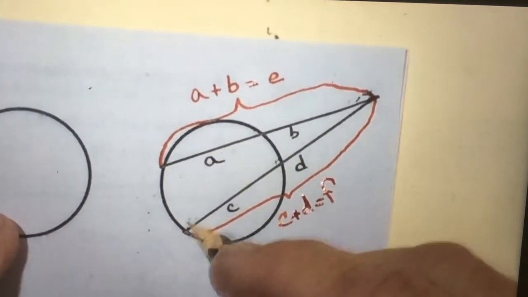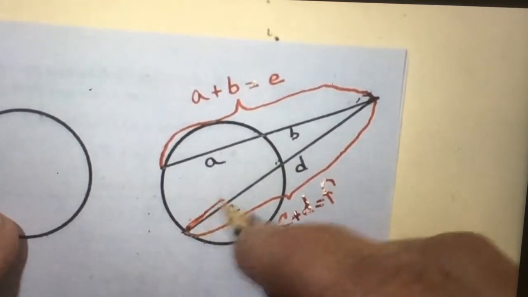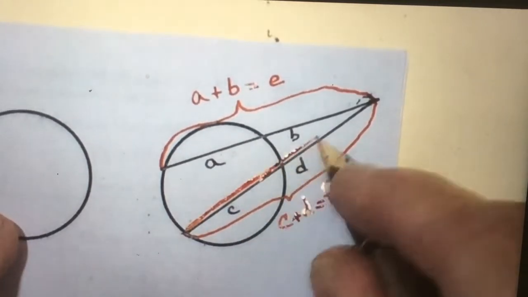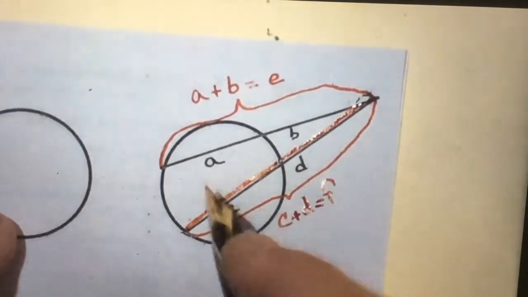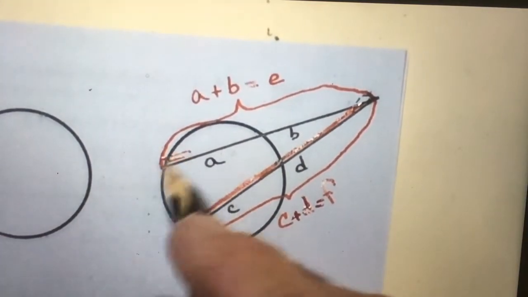So basically what I'm going to do is just sort of trace this in red a little bit to show that the red is what I'm talking about when I talk about E and F. The whole thing.